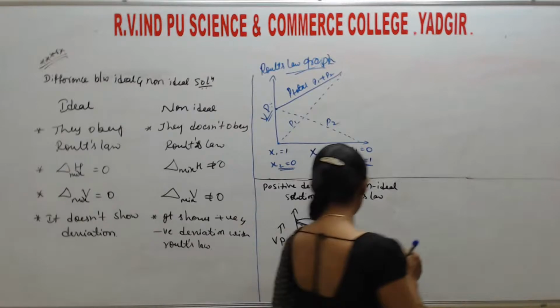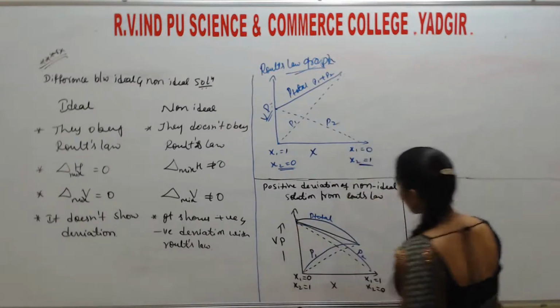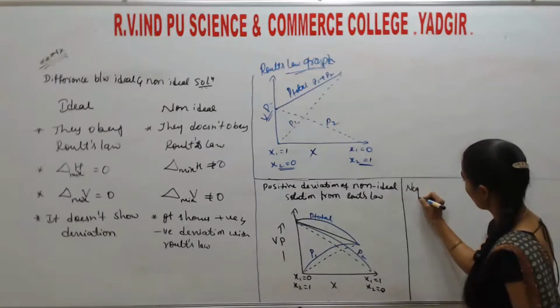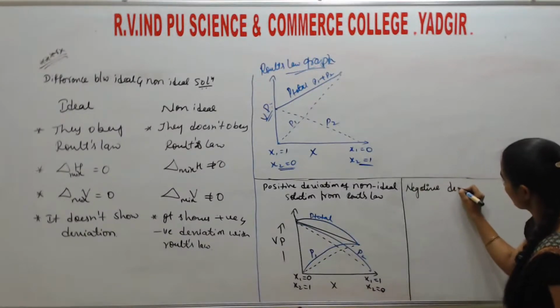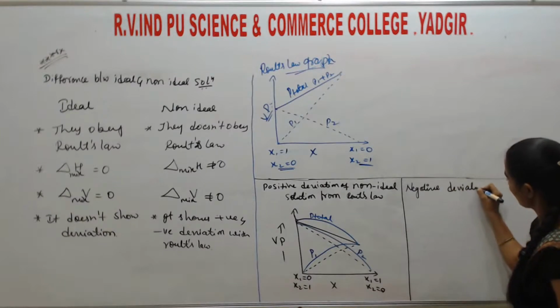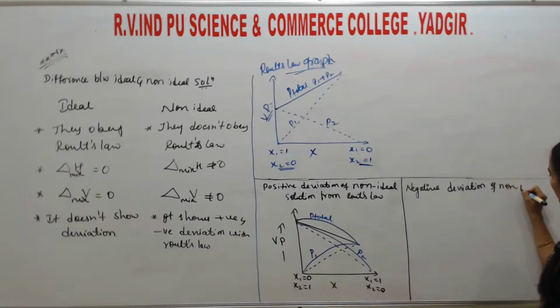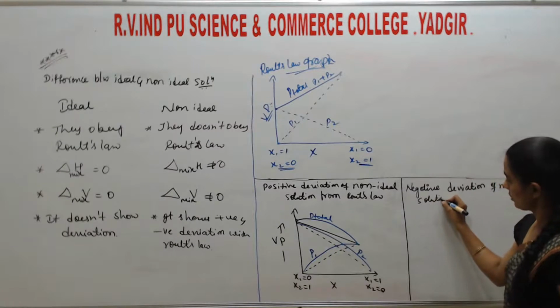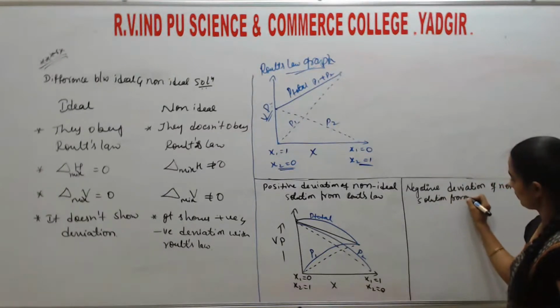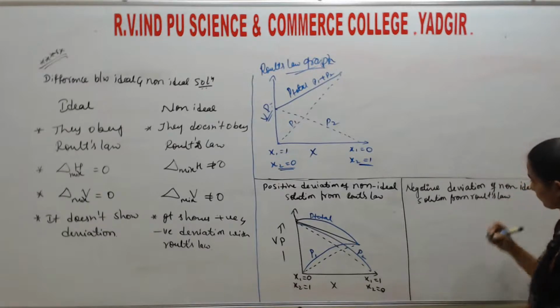Okay, for the second one, the negative deviation of a non-ideal solution from Raoult's law.